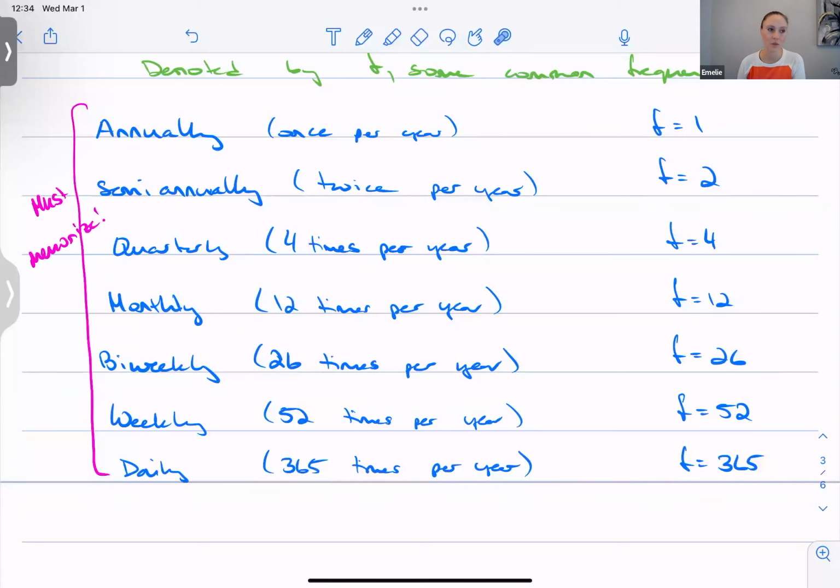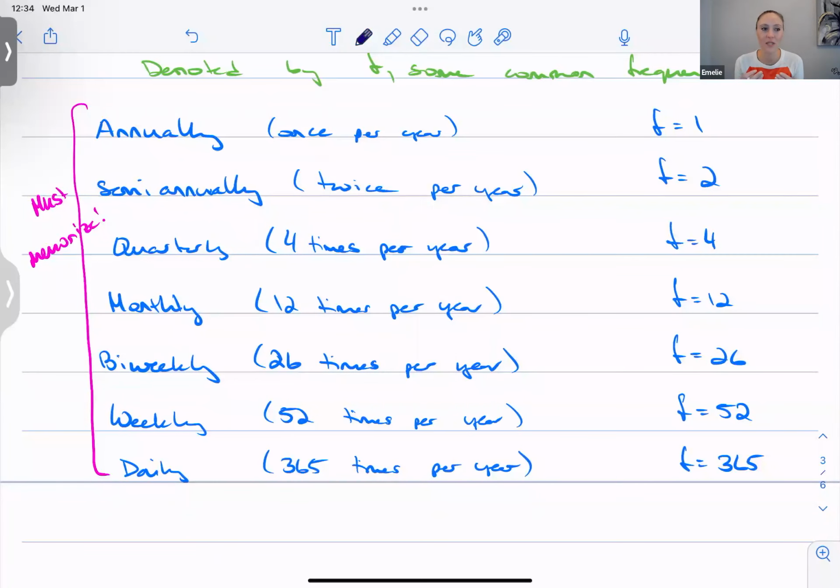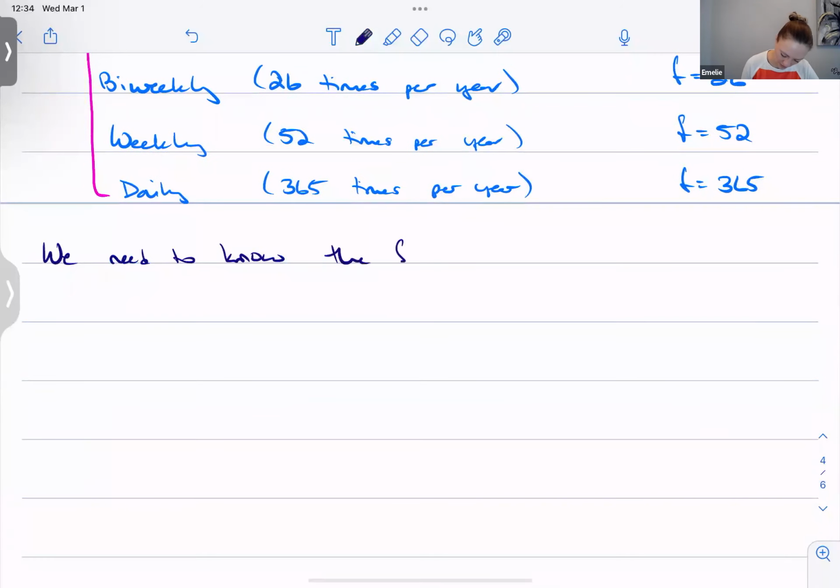And so we need to know the compounding frequency, F, in order to solve for the number of compoundings.